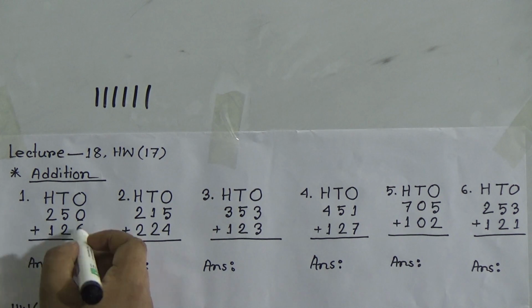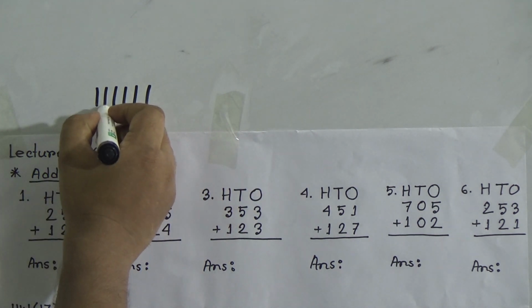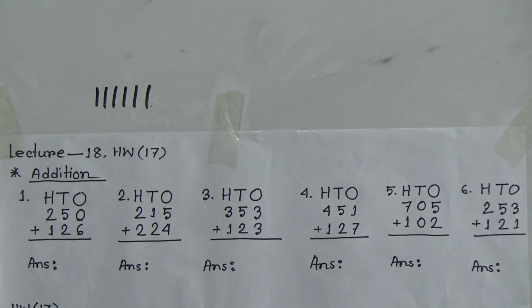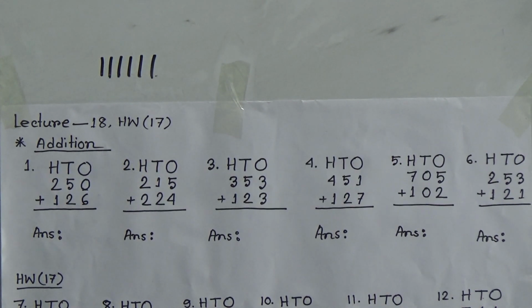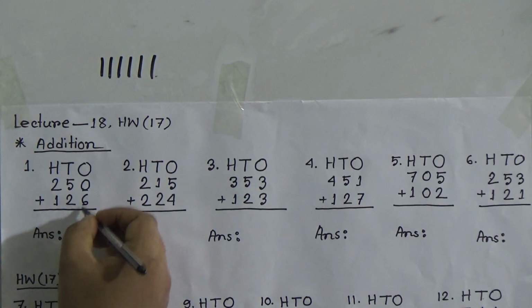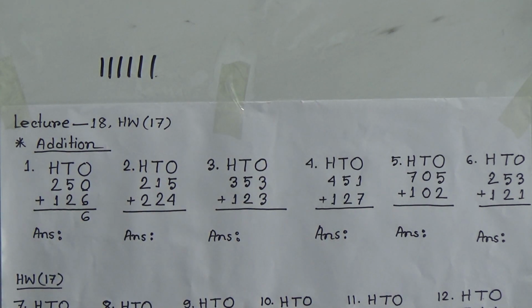So 6 plus 0 how many? 6. Suppose you have 5 pencils and your mother gives you no pencil. So, how many pencils do you have now? You have 5 pencils only. So, we write 6 plus 0 equal to 6. I hope you have understood.